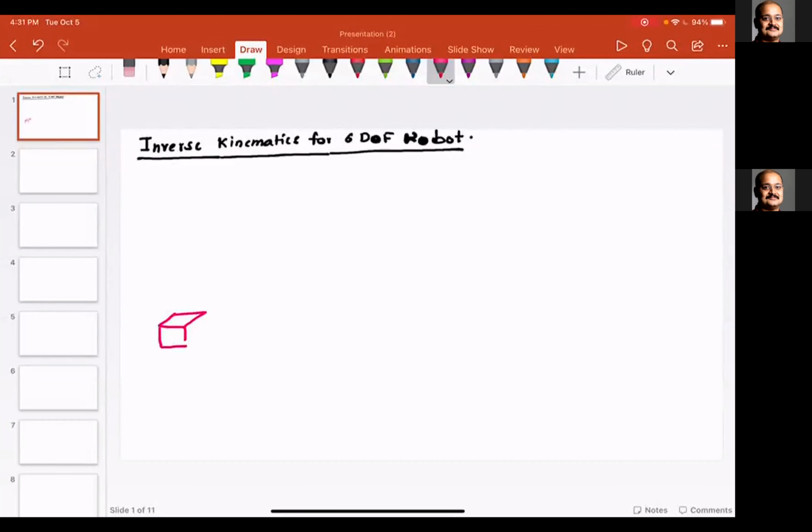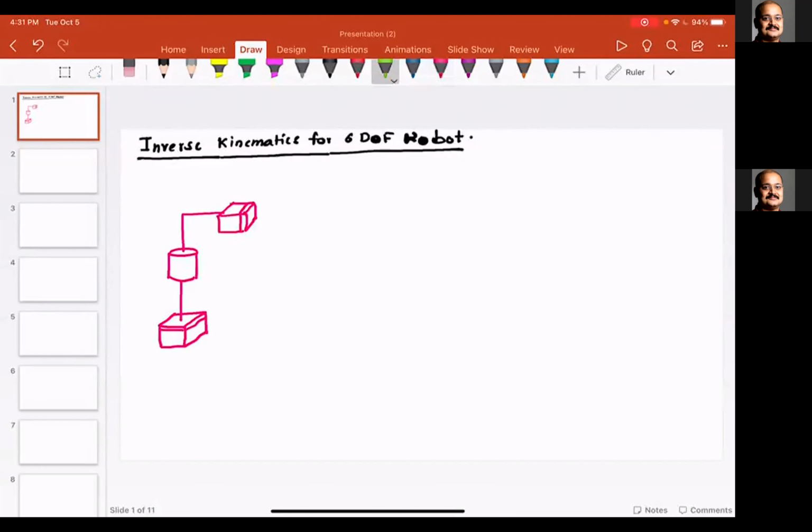In this kinematic diagram, I have the first prismatic joint, then a revolute joint, and then one more prismatic joint. So these are the first 3 joints.